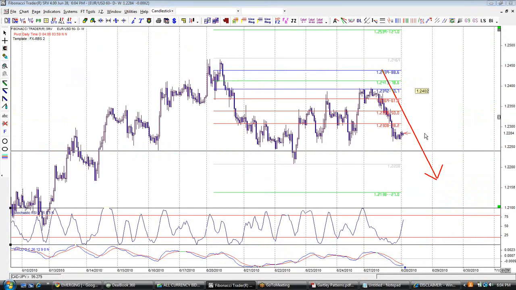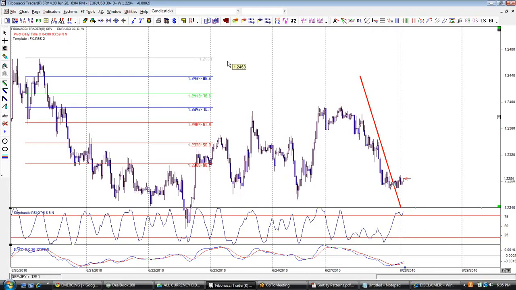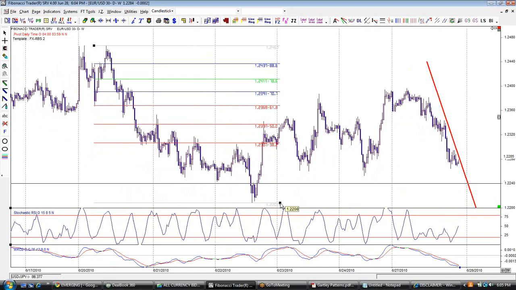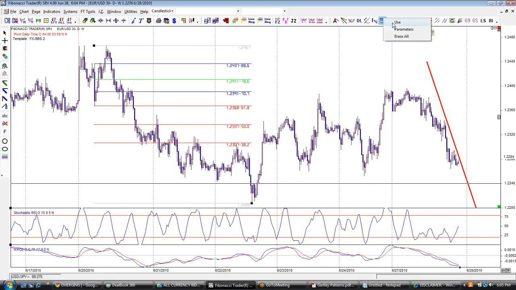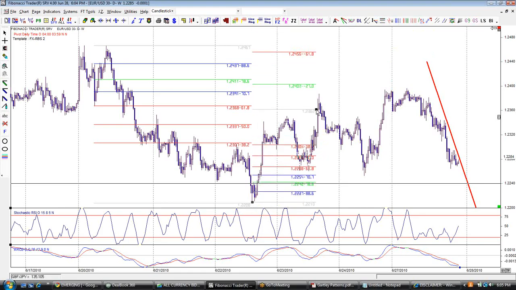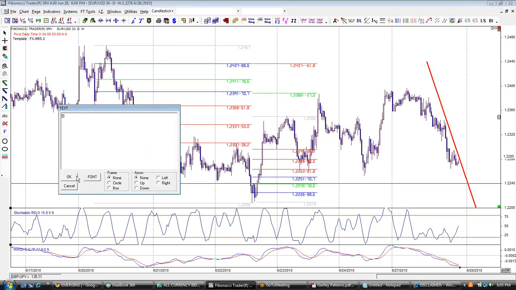Euro 30 minutes. Here is the B, here is the X. A is at the low.